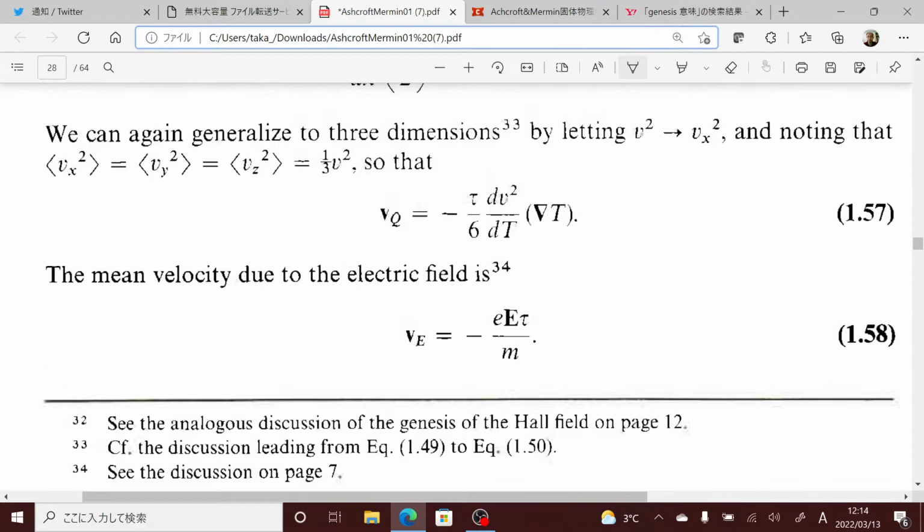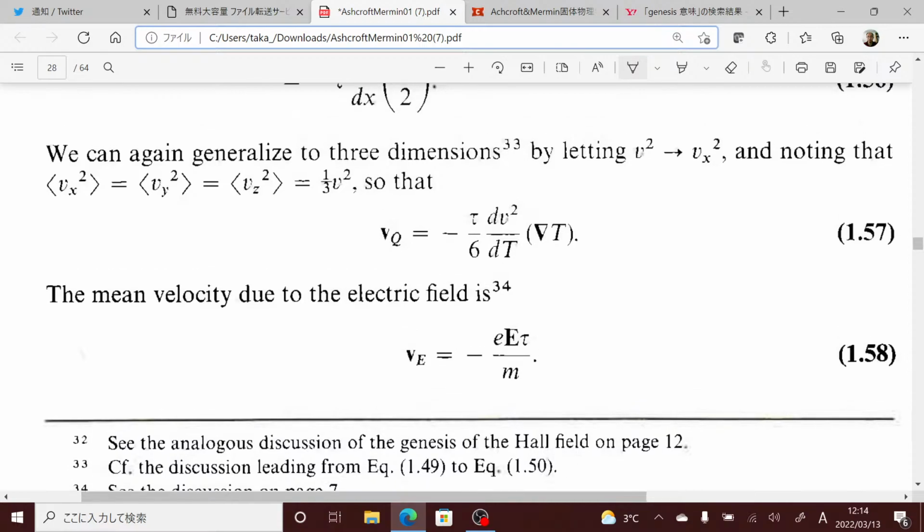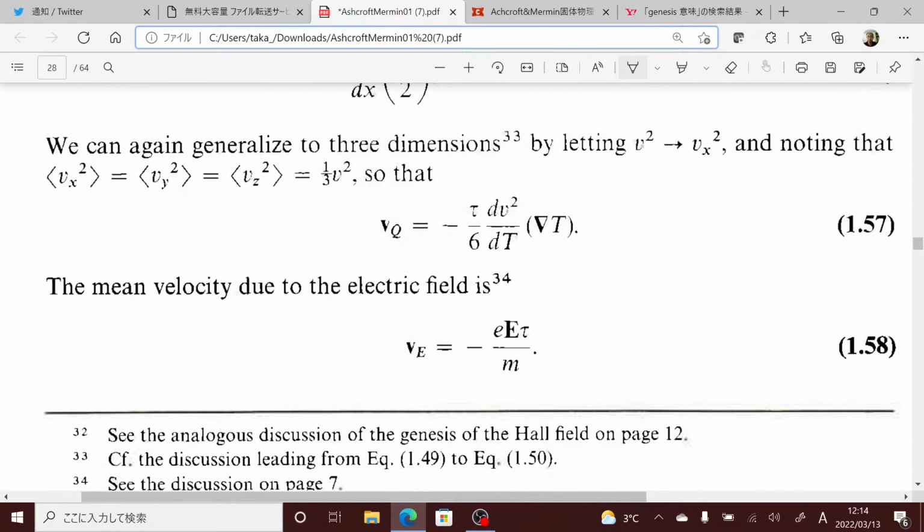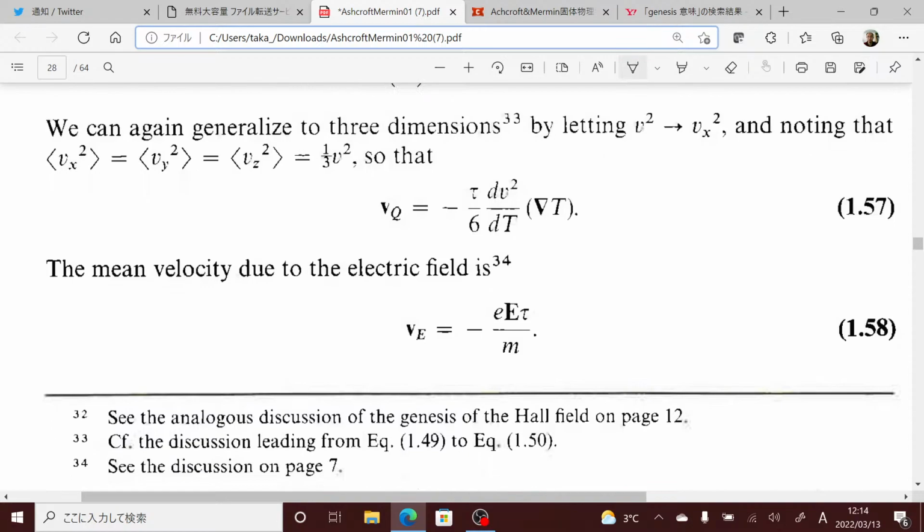What is this? The discussion leading from 149 to 150. Anyway, see the discussion on page 7.